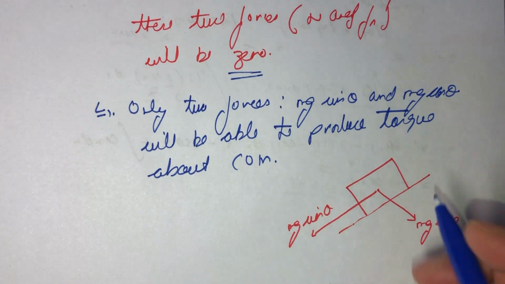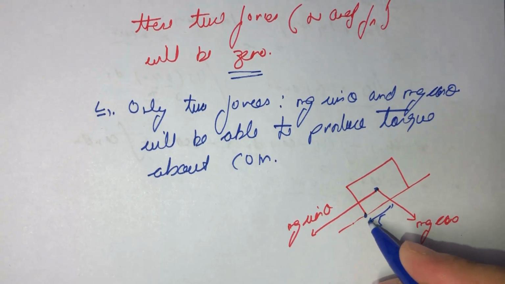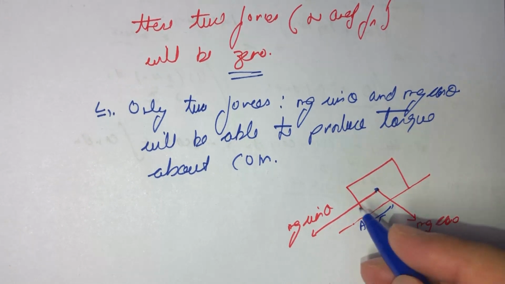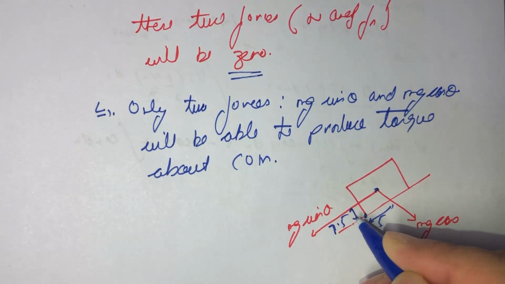So therefore this distance, this is center of mass, so this distance will be equal to 5, and this is the point of topple, and the height is given as 15 centimeter. So this distance will be equal to 7.5.